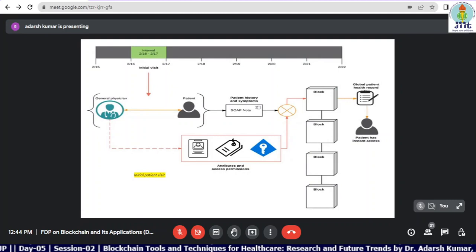If he's a new patient, he has to first go to a general physician. The general physician will give his recommendations, observe his symptoms, and a report will be generated for the patient. That report from the patient side and from the doctor's side will be recorded in the blockchain, in a block. Inside the blockchain there will be multiple blocks, and in a particular block the data will be recorded. So if it's a new patient, a new blockchain will be created, and the data will be recorded in the block. That is the first step.